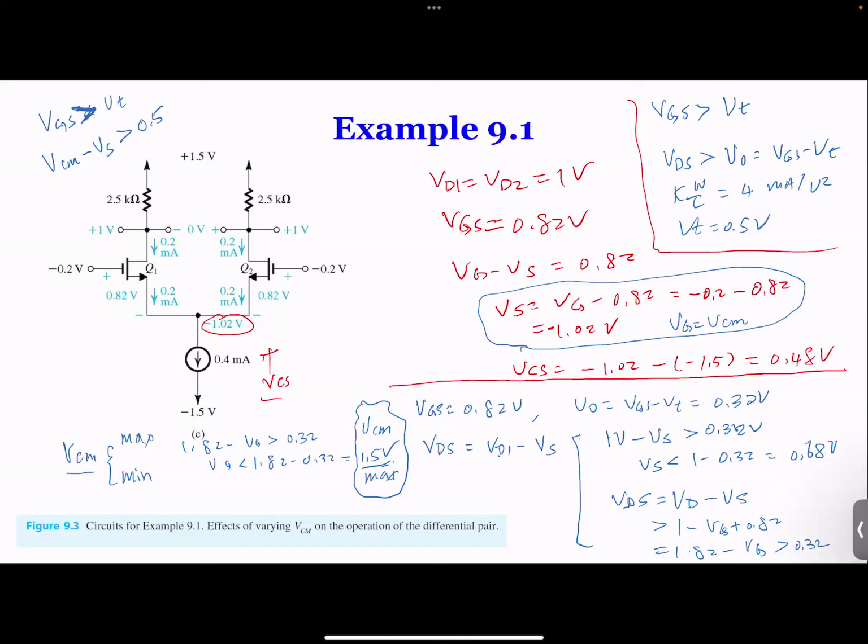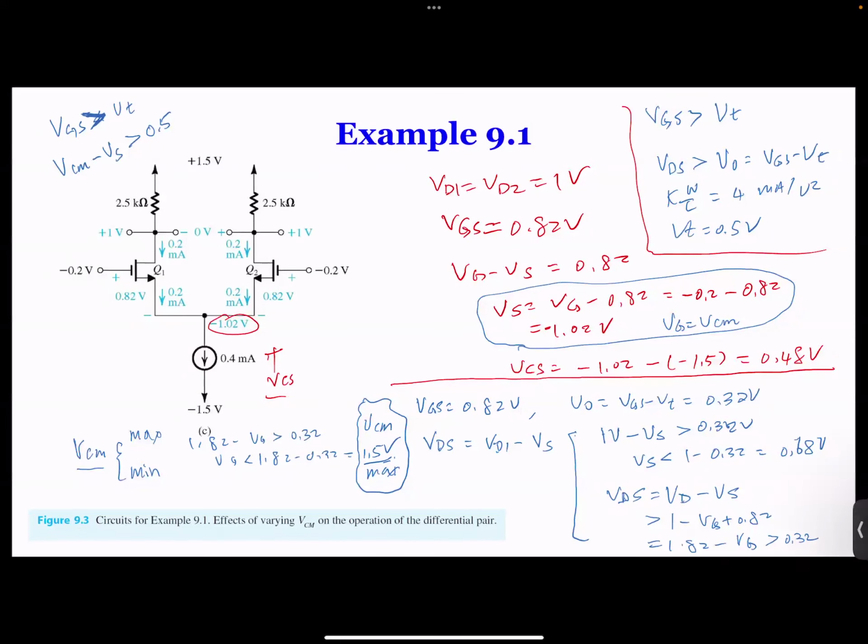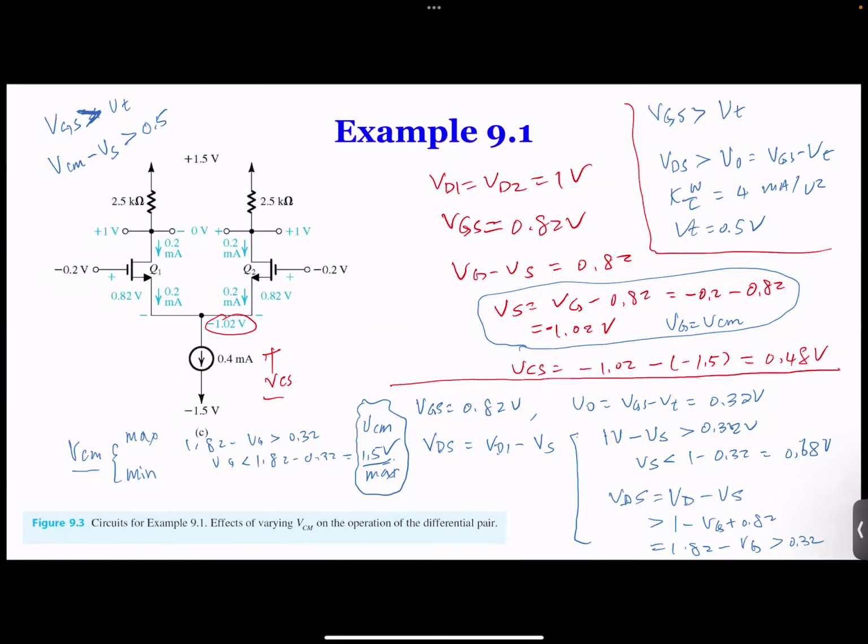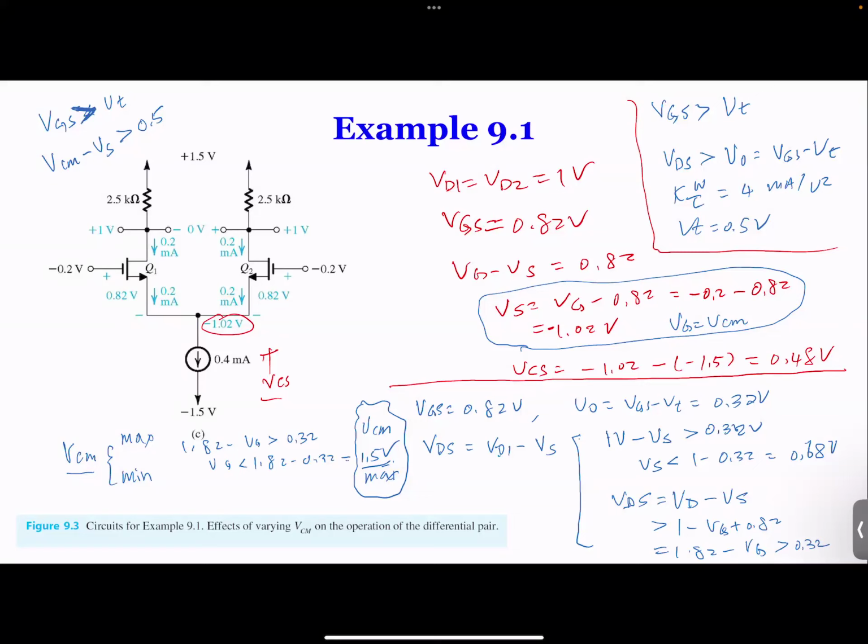Oh, okay. So I guess one of the things that we need to know, let's see for this given. Okay, so yes. In the example, it did give VCS minimum is 0.4 volt. So this is given.